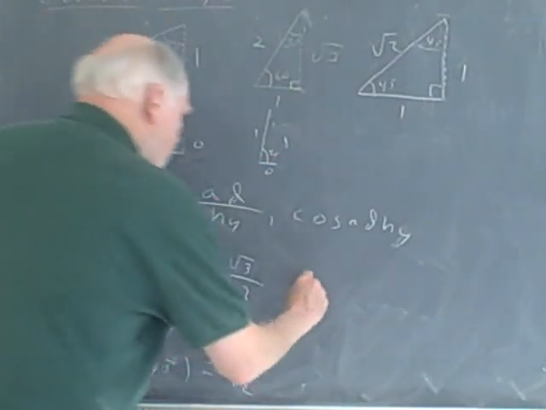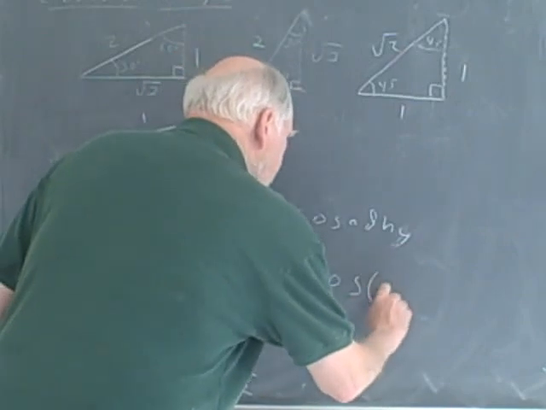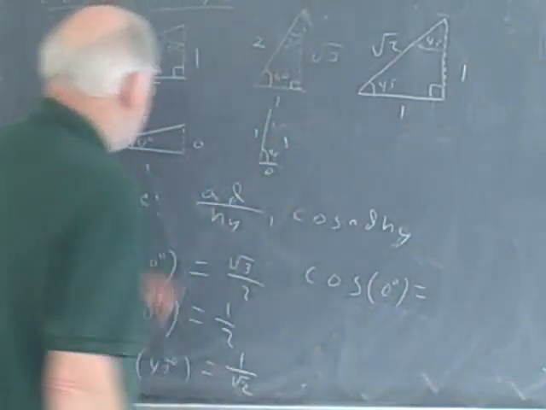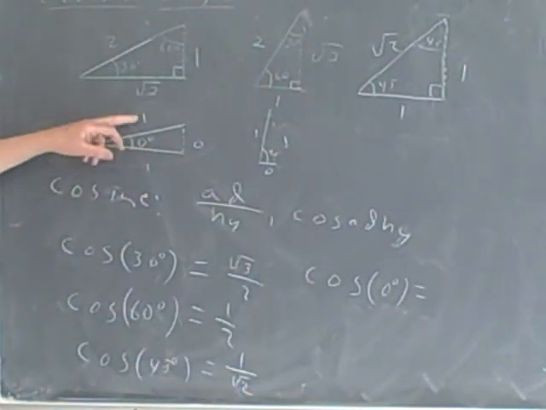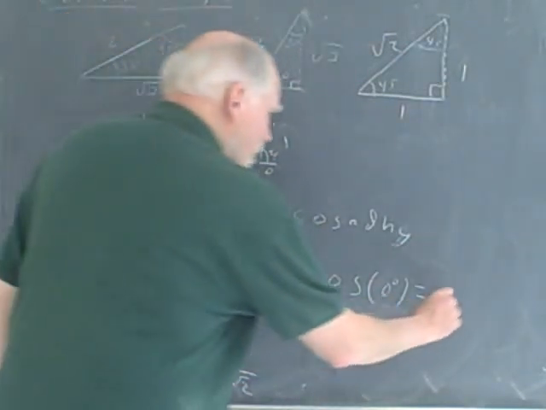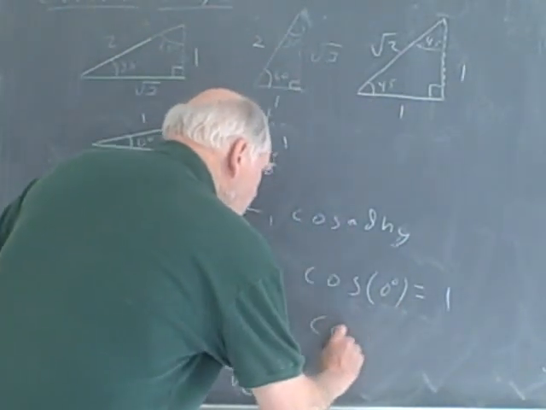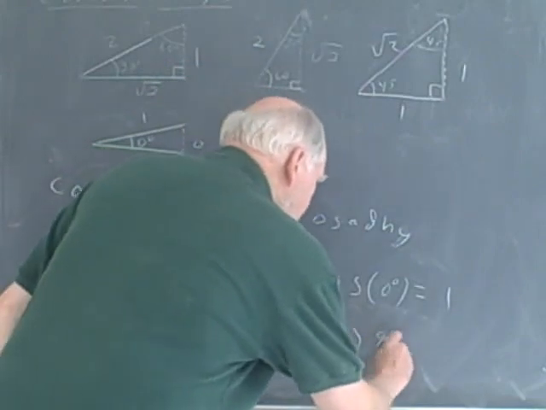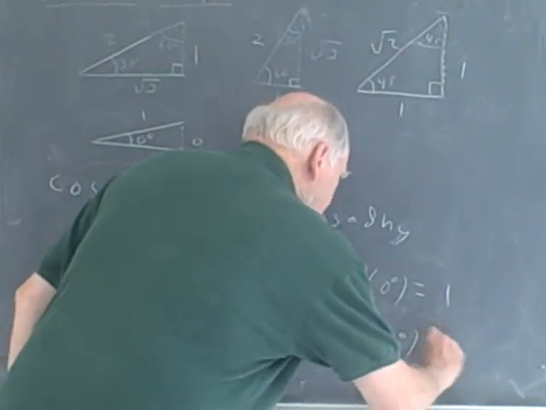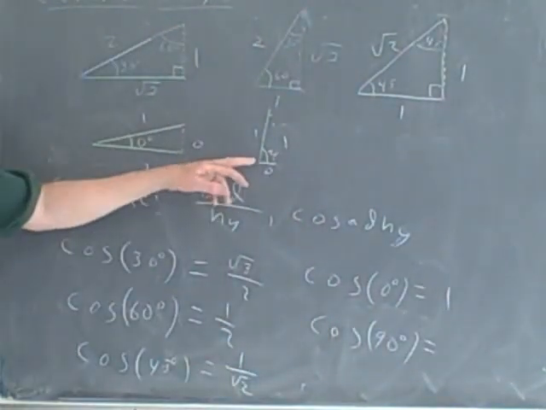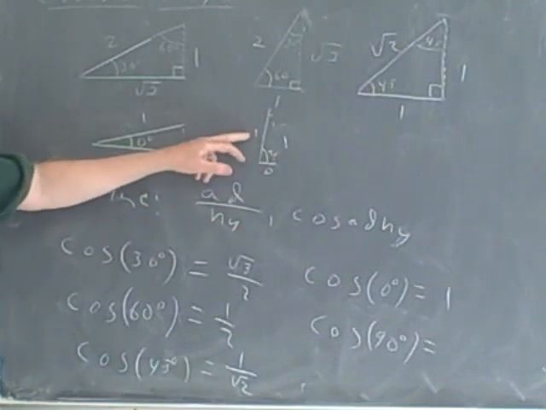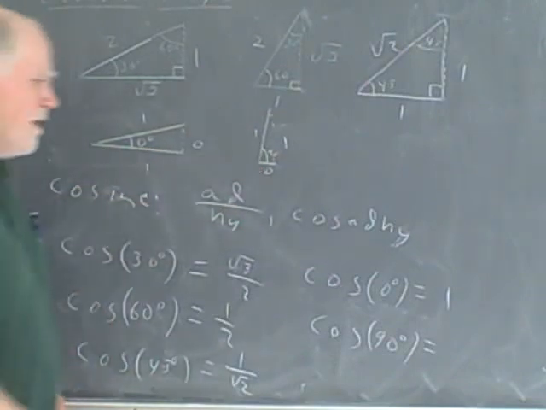Okay. And then I'm going to look at the cosine of 0 degrees. Here's my 0-degree triangle, adjacent over hypotenuse, 1/1, which is 1. And then I'll do the cosine of 90 degrees. Here's 90 degrees, and adjacent over hypotenuse is 0/1, or 0.